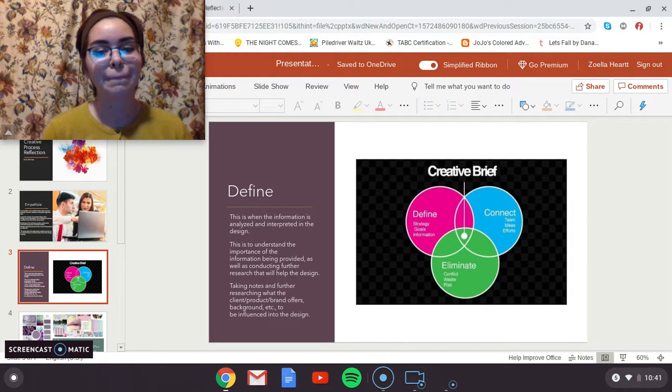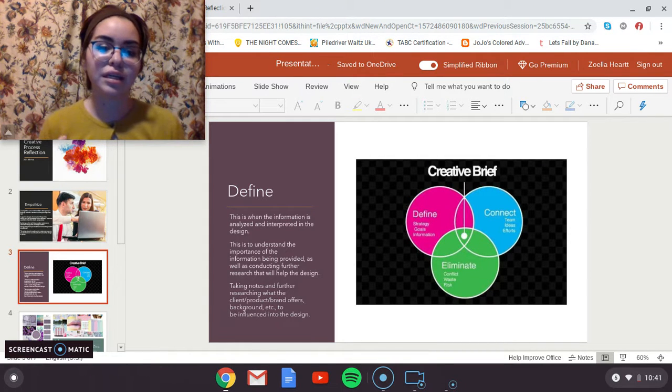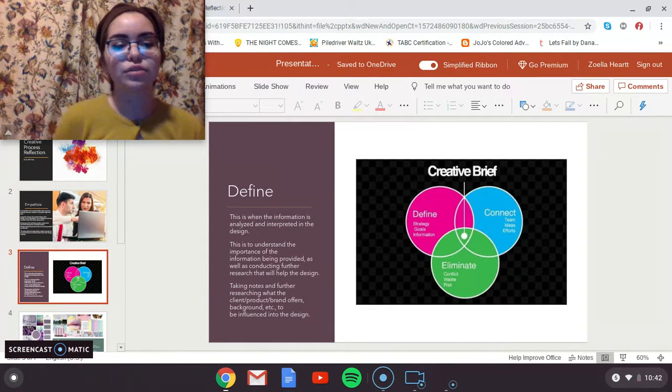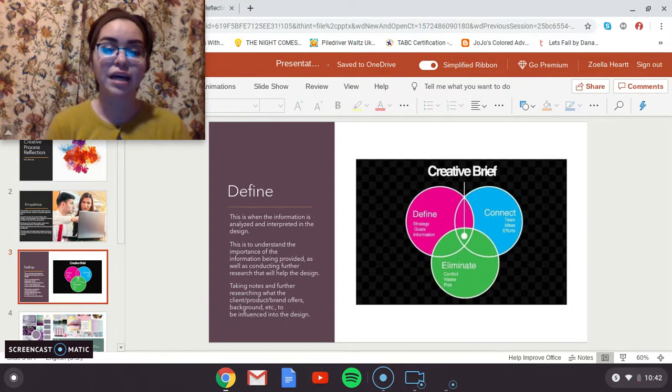So, taking into consideration what their needs are, what they want in their design, as well as maybe doing further research on what they already have established, is a part of defining the whole process.